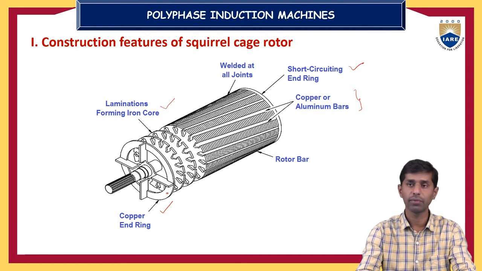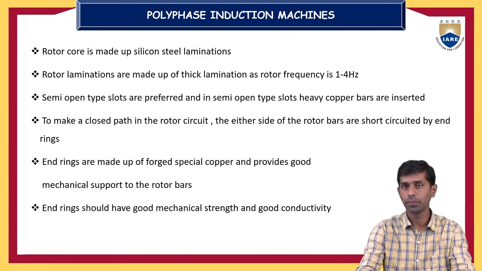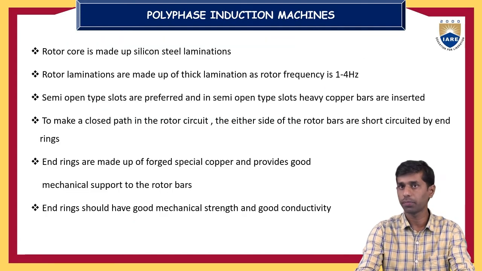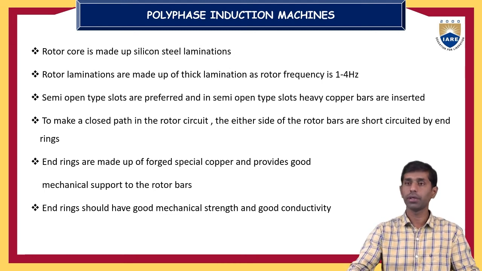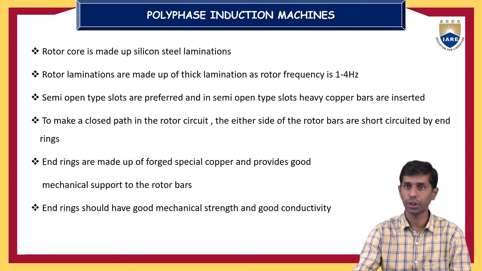Because of these disadvantages, generally copper bars are preferred in squirrel cage rotors. The rotor core is generally made of high grade silicon steel material for the rotor laminations. The lamination thickness depends on the frequency of induced EMF.